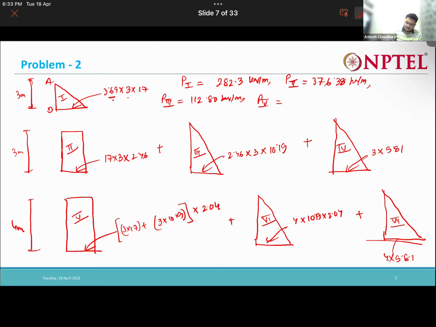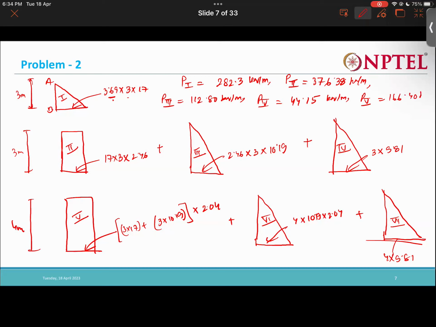Then P4, P5. Please check the values, okay? If you don't get anything the same, please tell.